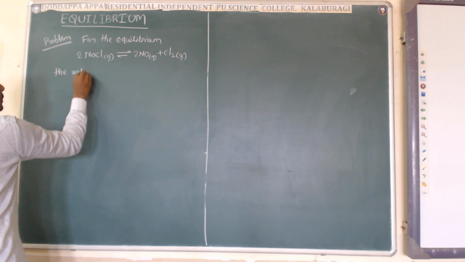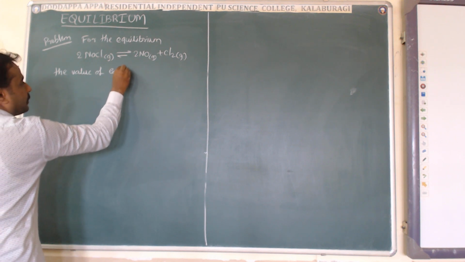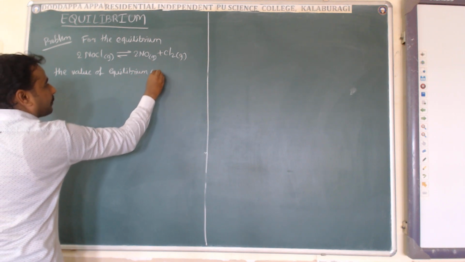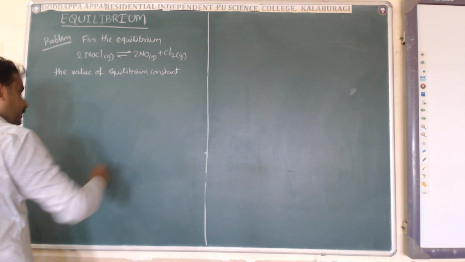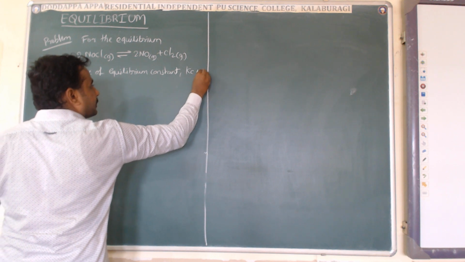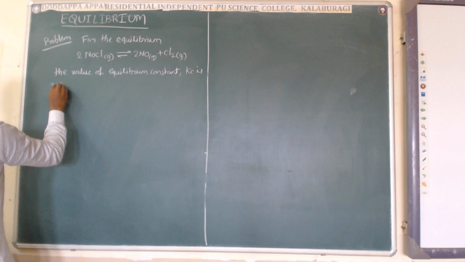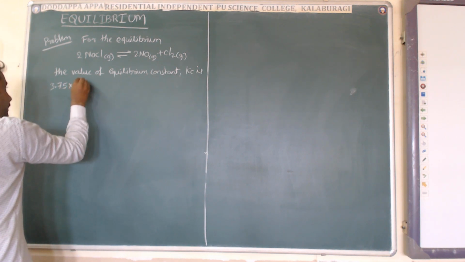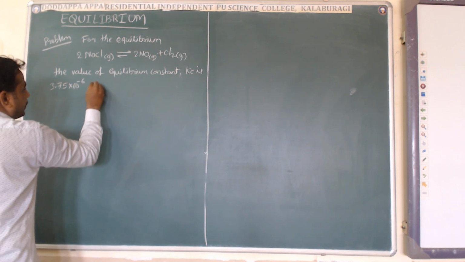The equilibrium constant Kc is 3.75 into 10 raised to minus 6 at 1069 Kelvin.